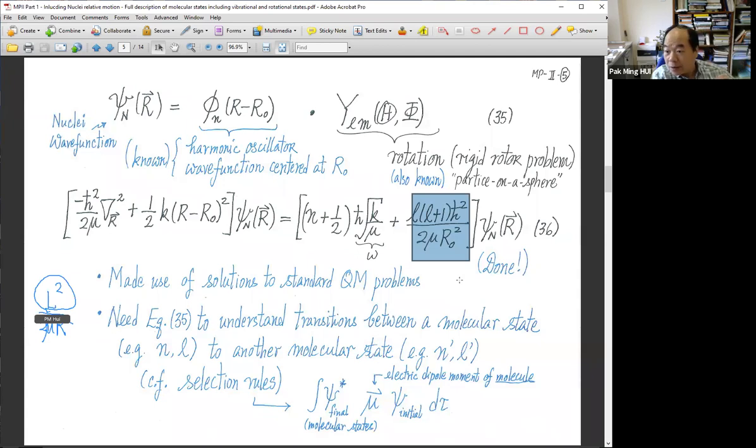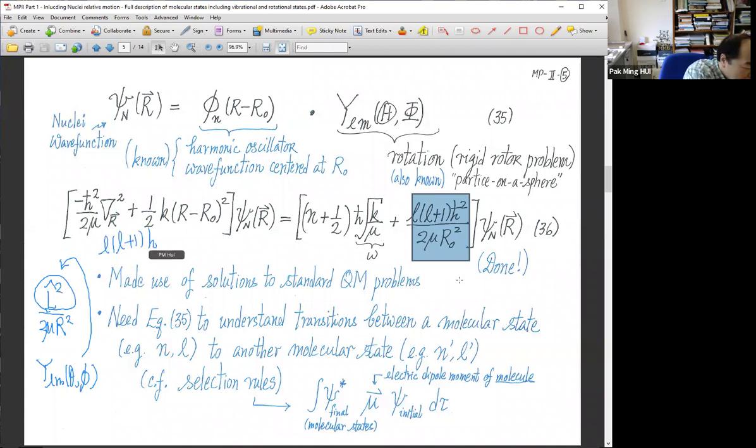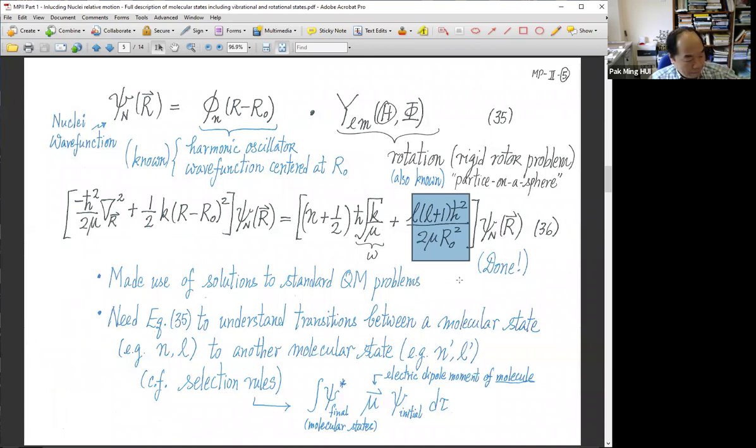When you see this in quantum mechanics, you already know the eigenvalue and the eigenfunction, because Y_LM(theta, phi) are eigenfunctions of this L square operator, with the eigenvalue being L times (L plus 1) h bar square. Okay? So we don't need to do anything new, we already solved the problem.